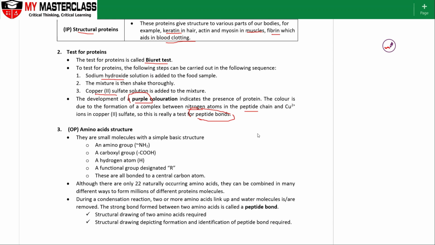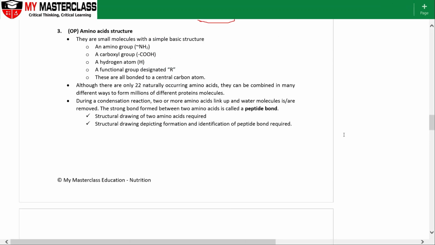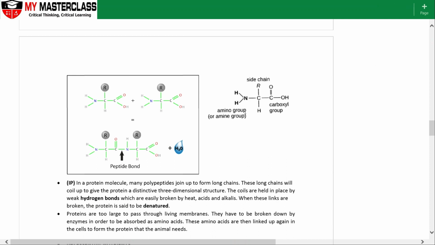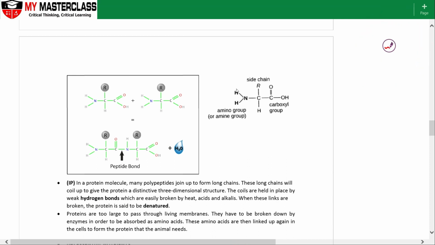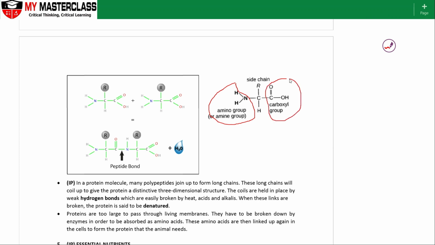Now, amino acid structure, we will look at the table below to be more clear about it. We can see that the amino acid structure comprises a few different parts. On the left side, I have got the amino group or amine group. On the right side, I have got a carboxyl group. Remember we have 20 different amino acids, but you are not required to know all the names of these 20.